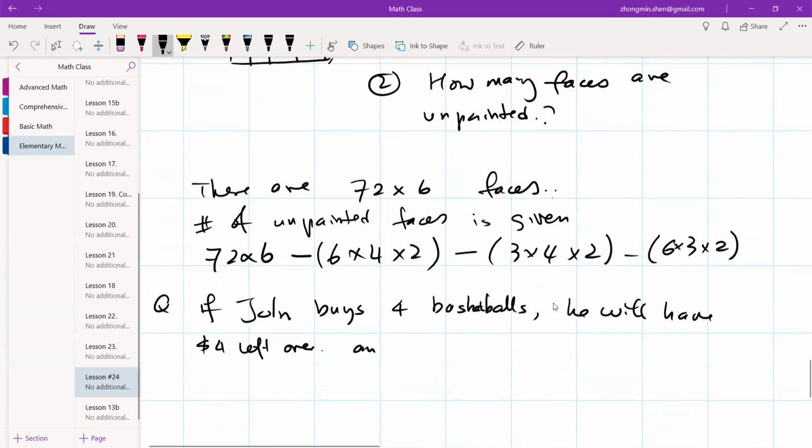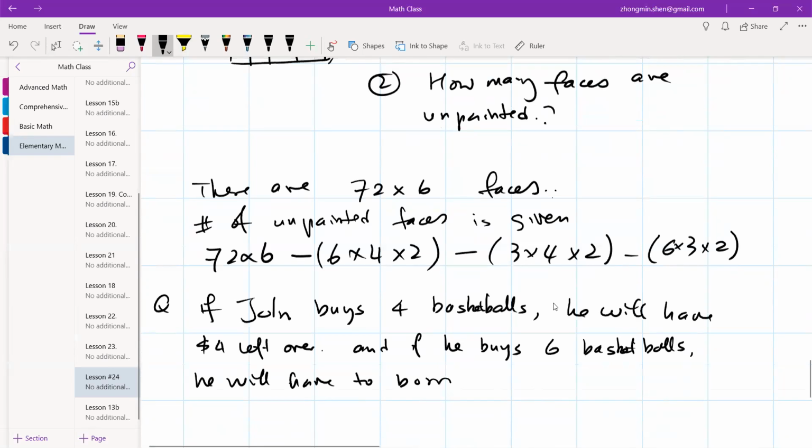Then if he buys 6 basketballs, then he finds that's not enough money, so he will have to borrow $26. So the question is, how much does one basketball cost?